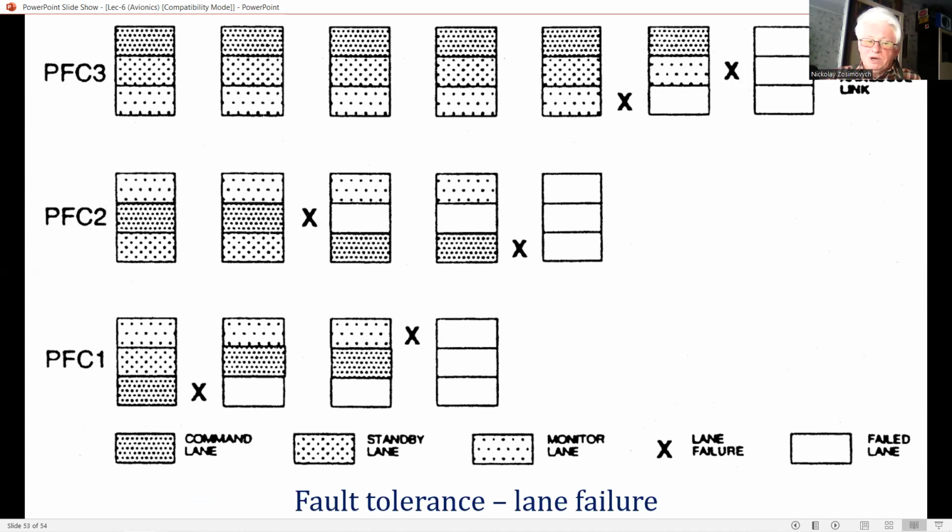The system normally operates with one processor in each PFC in command and with the other two processors acting as monitors. The PFCS is able to absorb multiple random component failures or a combination of software generic errors and random failures. And this slide illustrates the failure absorption capability.